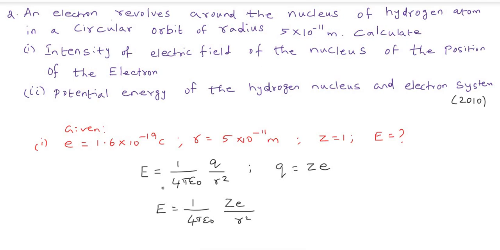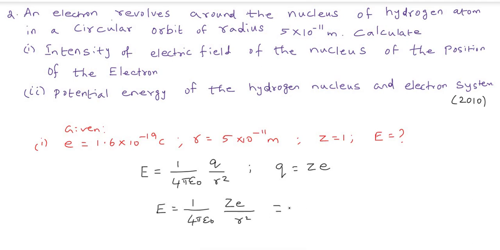In general formula, E equal to 1 by 4 pi epsilon naught Q by R squared. Here Q equal to Z into e. Substituting in this formula, E equal to 1 by 4 pi epsilon naught Z e by R squared.